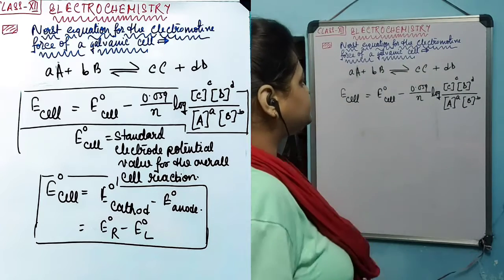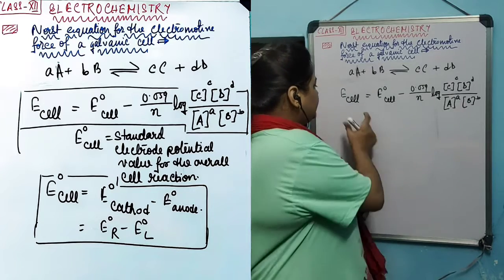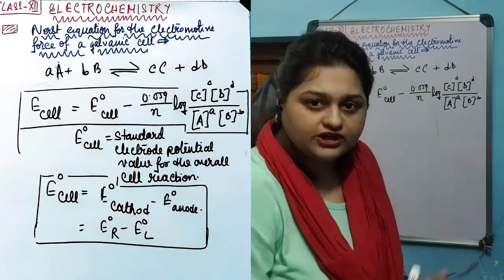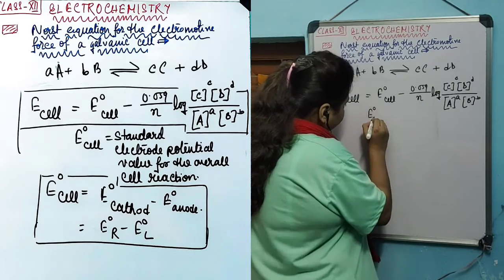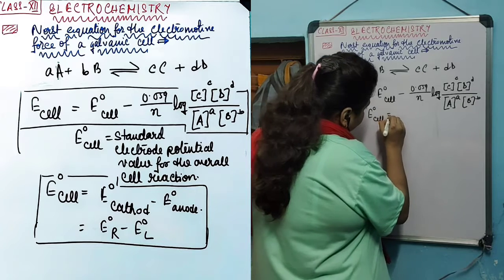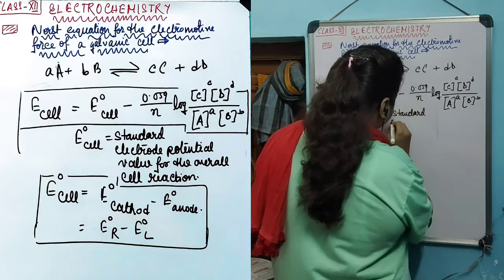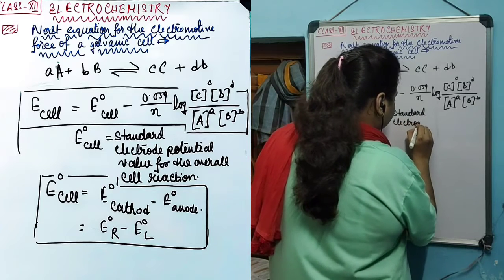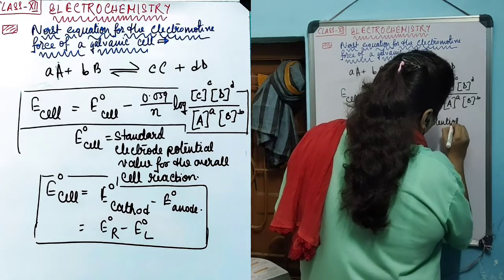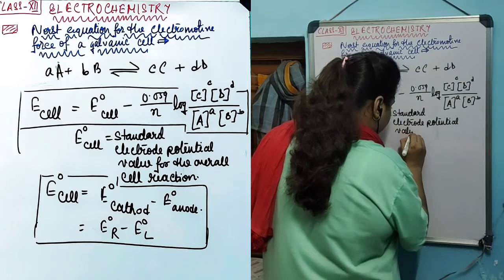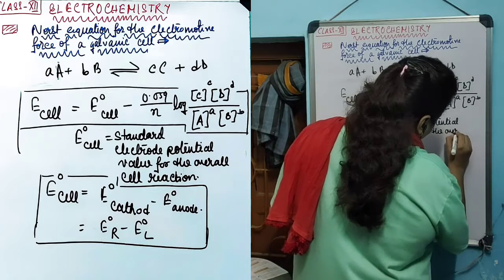Now this is the Nernst equation that represents the total electrode potential of the total reaction. And this E naught cell is the standard electrode potential value for the overall reaction.